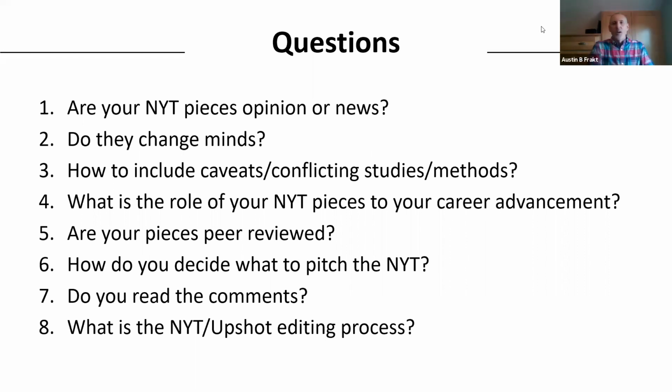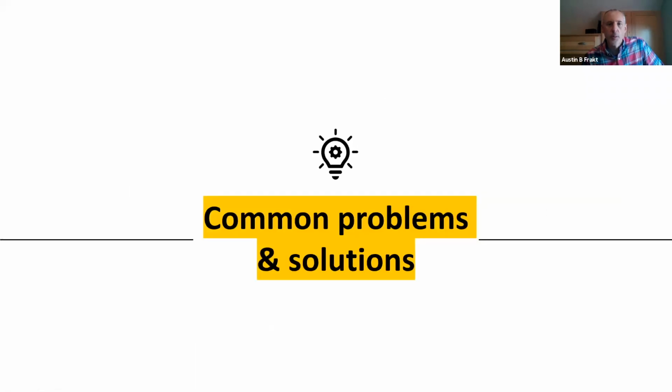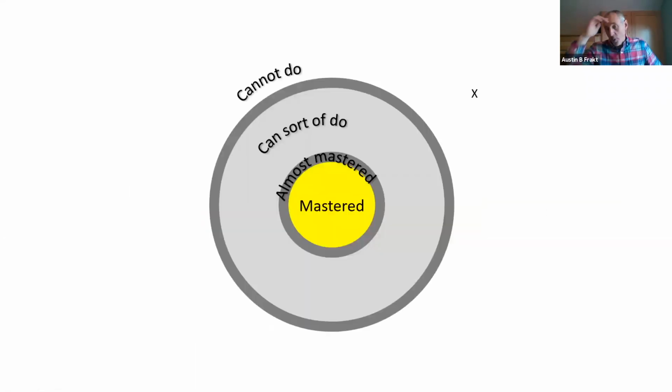I'm going to move on, but people should just jump in. So I want to go to common problems and solutions. And we start with this diagram, which I actually got from the music world, in particular trumpet playing. I play the trumpet, something I'm trying to get better at.